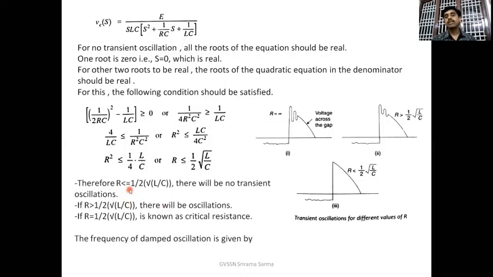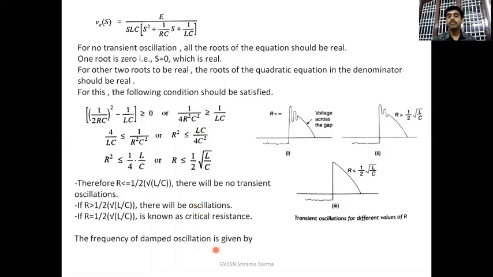Therefore, R less than or equal to 1 by 2 root L by C, there will be no transient oscillations. R greater than 1 by 2 root L by C, there will be oscillations. If R is equal to 1 by 2 root L by C, it is known as critical resistance. That means it is a resistance below which there will be no transient oscillations. If the value of the resistance is above this value, then there will be oscillations.